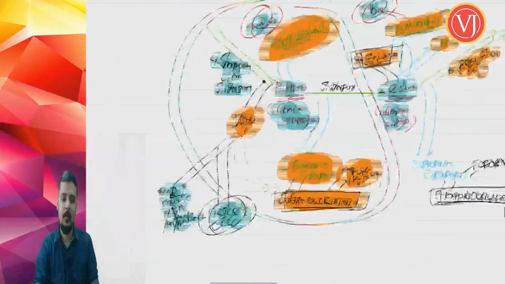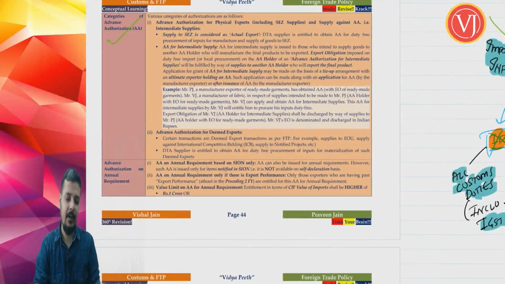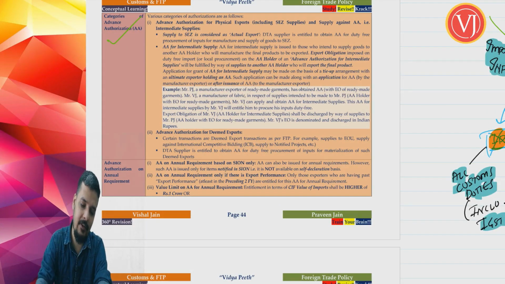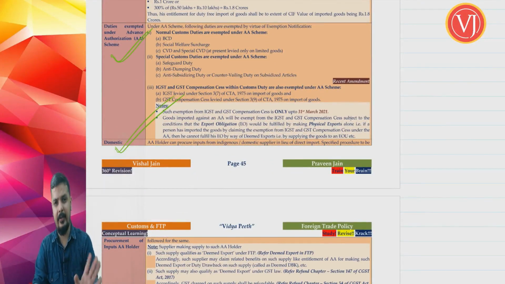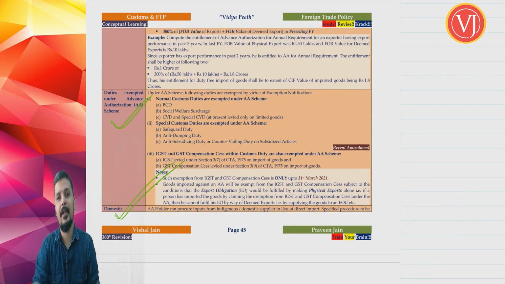So now if you look at all these points, the benefit, what is included: physical exports, supply to special economic zone, intermediary supplies, deemed exports, all these categories of your advance authorization, duties exempted under your advance authorization, including the notes, domestic procurement, everything is discussed. And friends, you have to also understand that when it is deemed exports, GST will be there.